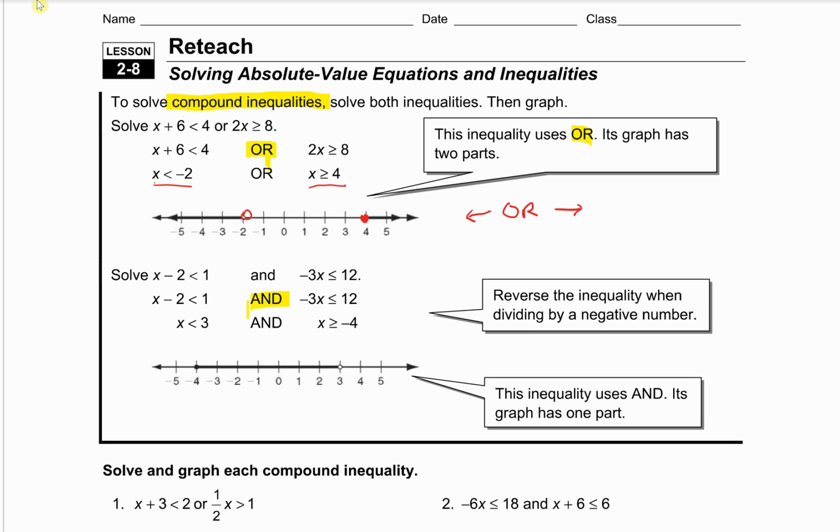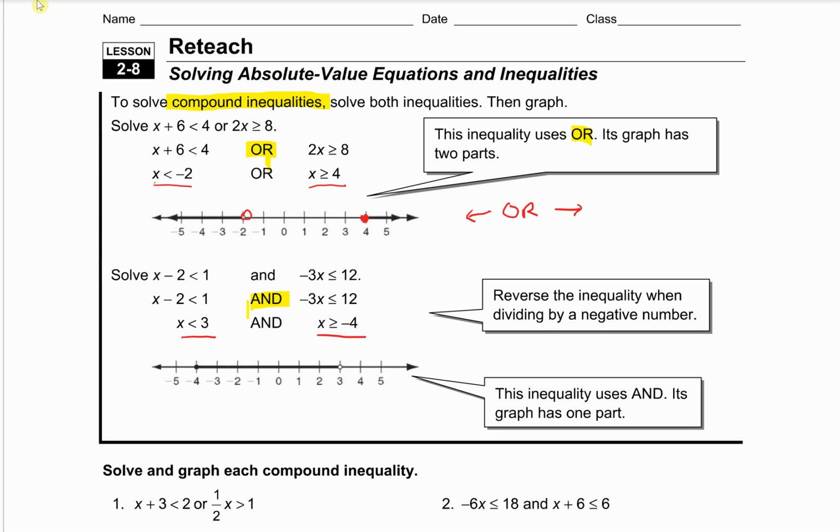The second type, like I said, was an and inequality. In an and inequality, the numbers have to work for both. They have to. You have no choice. So if we solve this one, we get x is less than 3. And we solve this one, we get x is greater than or equal to negative 4.